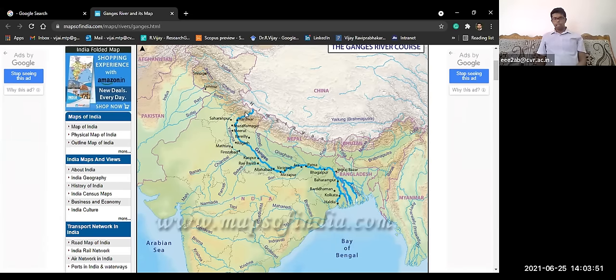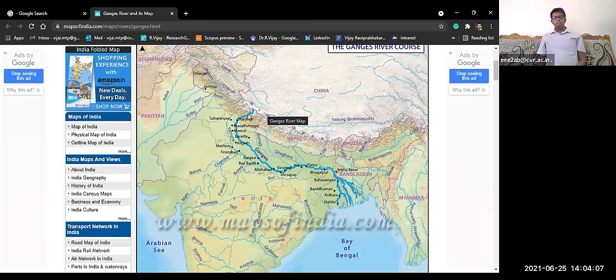So in this belt, if you see, many hydropower plants have been installed in every state, because this is the ever-flowing river in India.